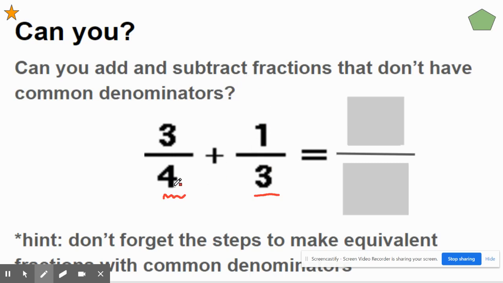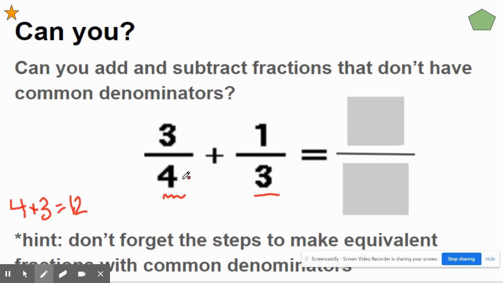That just means that the easiest way to do it is to multiply the denominators together to get the common denominator. So if I did 4 times 3, that equals 12. So now 12 is going to be my denominator. But I can't just change these to 12 and then do the math. I can't do that because if I change the bottom, I have to change the top.